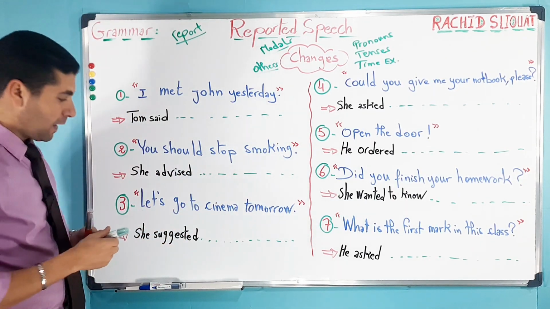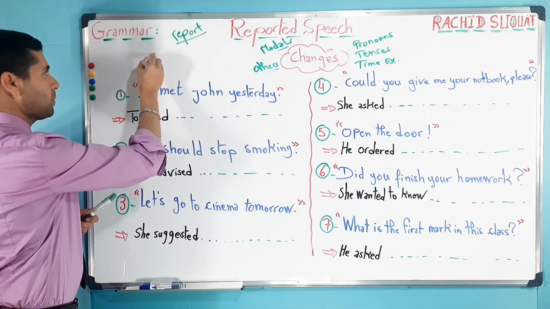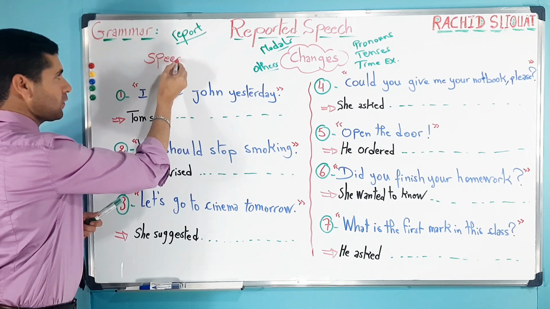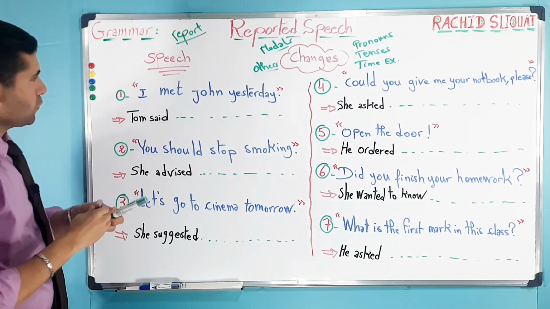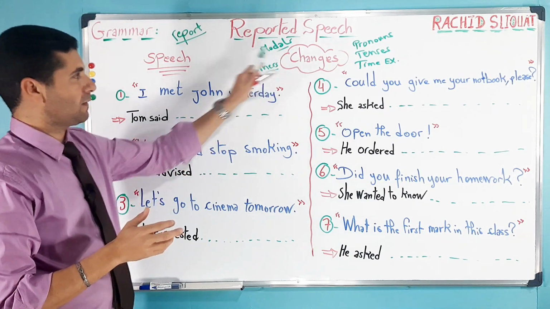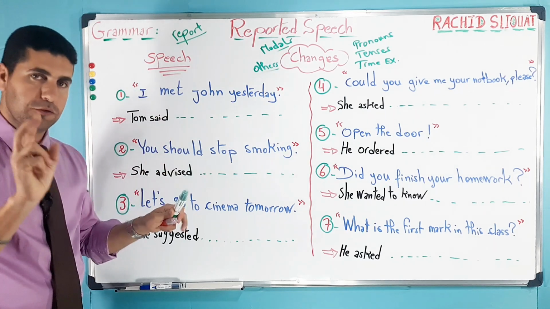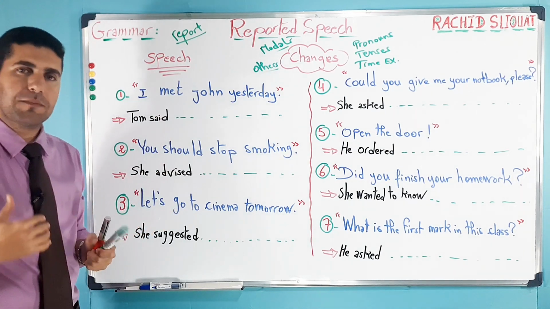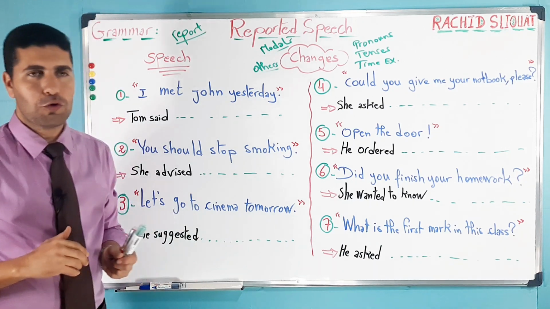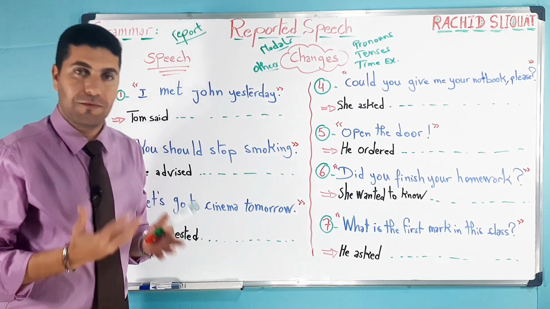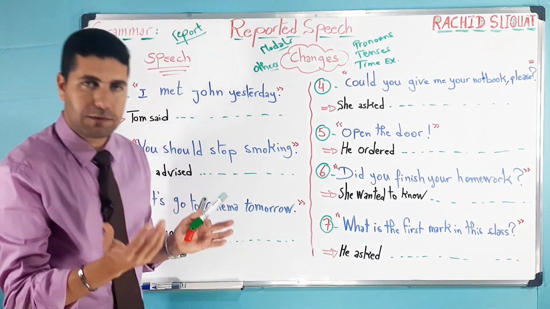Number 2, and this is very important, has to do with the speech itself. So this is number 1 and this is number 2, what you have to keep in mind. When I say the speech, I mean the type of the speech. Is it, for example, a statement or question or advice or command, or request, for instance?